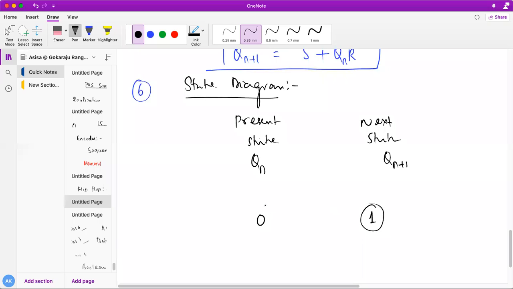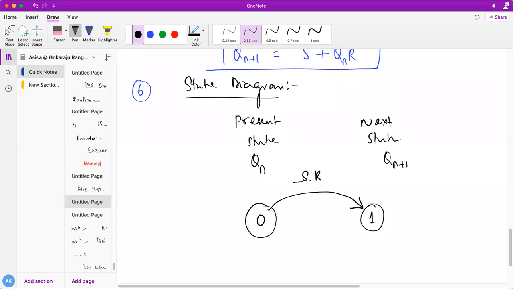So let's say initially the present state is 0 and the next state is 1. At that time, how are my inputs behaving? If the present state is 0 going to 1, like this, what are the external inputs I have?